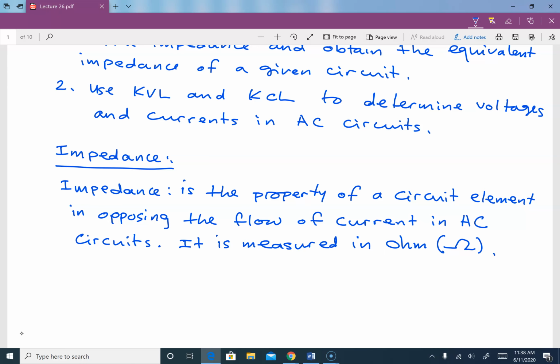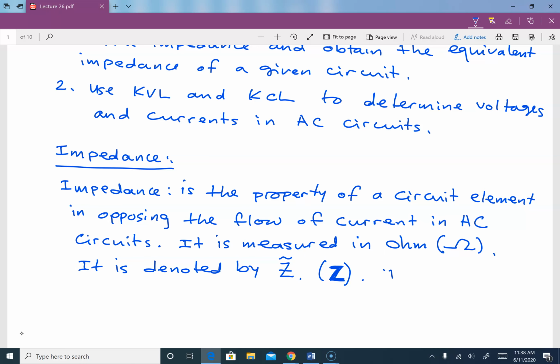The symbol of it, so it is denoted by the uppercase Z, and we will put tilde, while in your textbook it will show like a bold letter because it is a phasor.